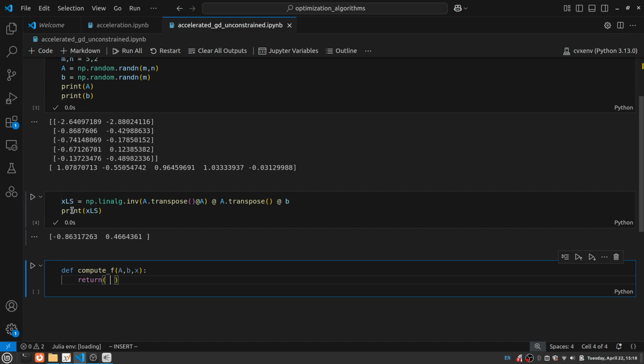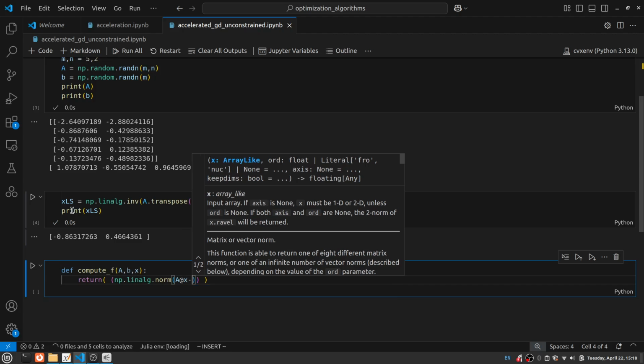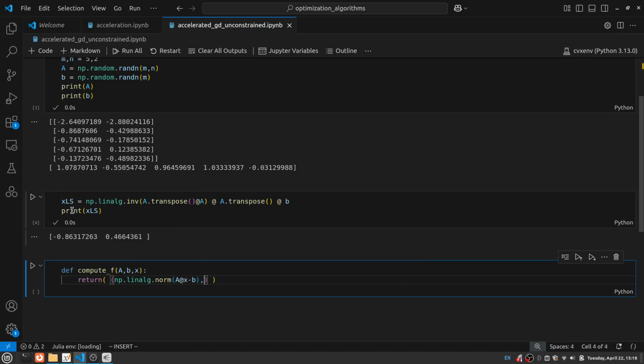So this is just norm of Ax minus b L2 norm square, right? I also need to compute the gradient, the first order oracle.